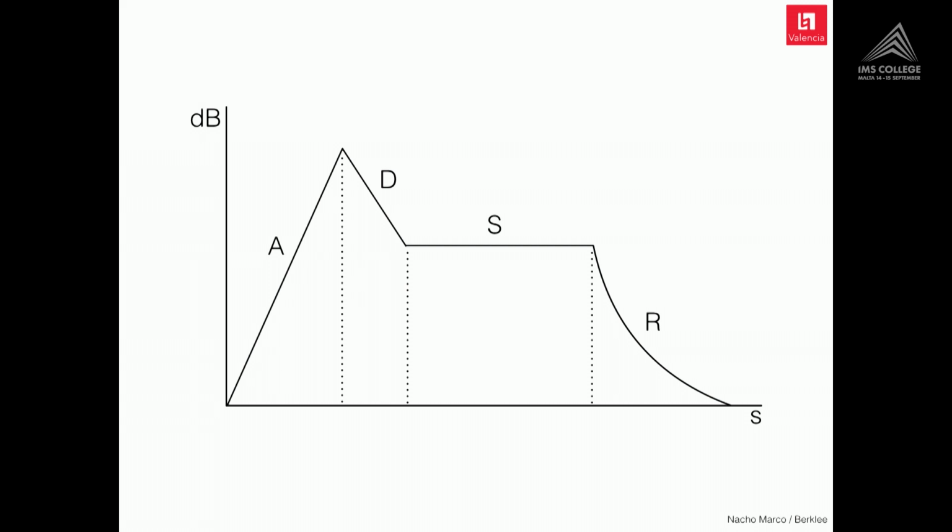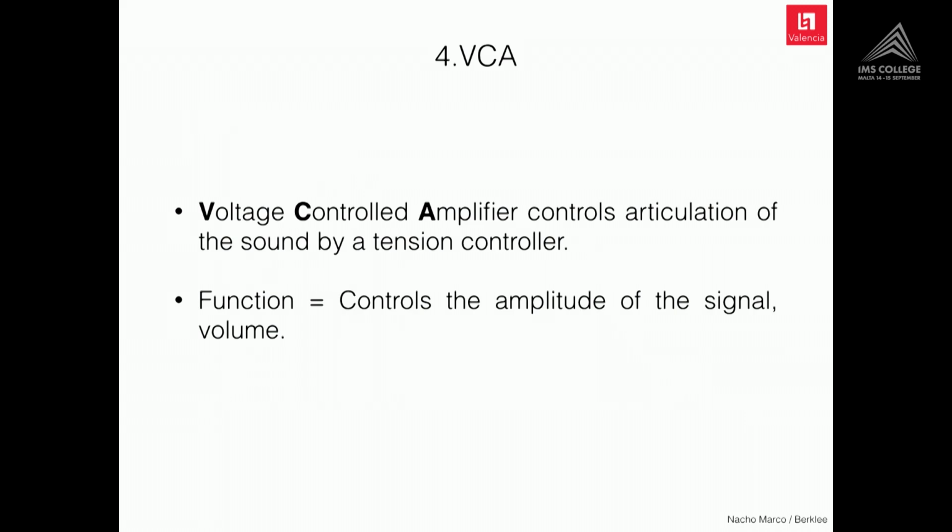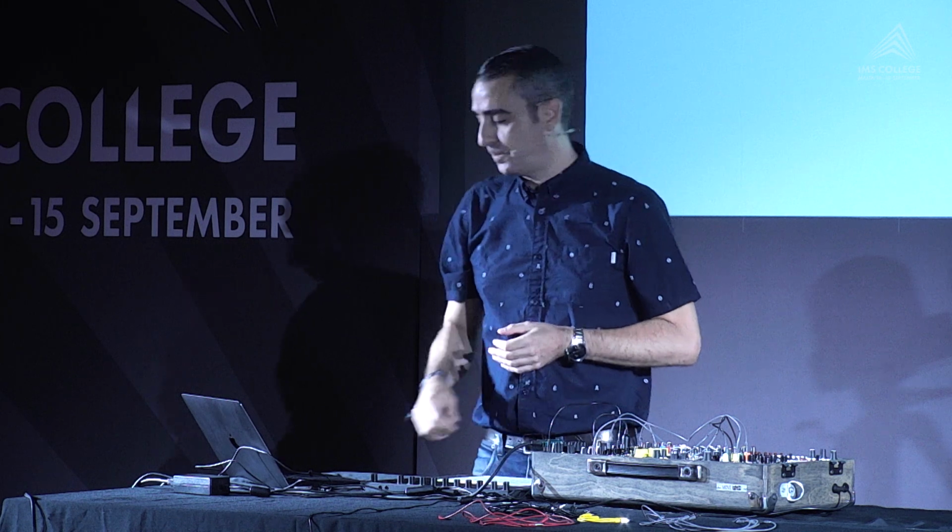And the next module is the VCA, the voltage controlled amplifier, which controls the articulation of the sound. Its function is to control the amplitude of the signal, the volume. It is the last step before sending the signal to the PA, and I have a knob that is going to allow me to send more or fewer dBs.